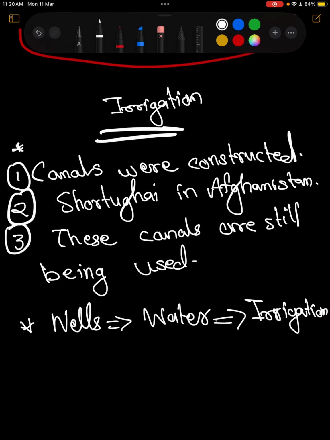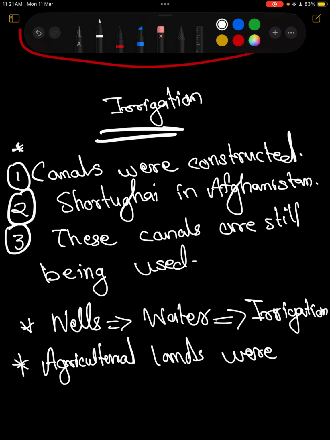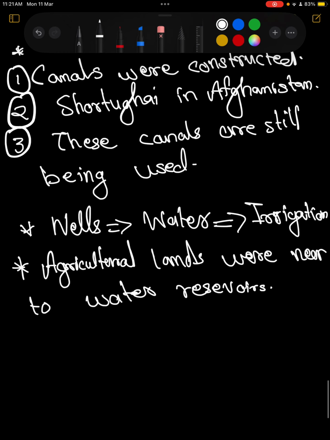Besides, most importantly, agricultural lands were near water reservoirs. Example of these both.